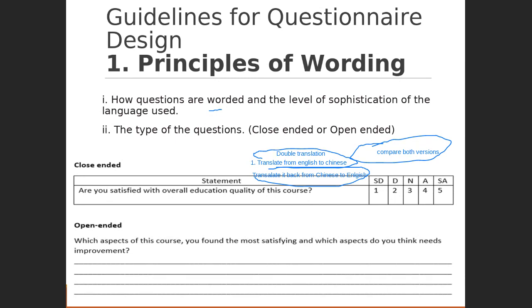So this is the double translation method, especially when you are administering your questionnaire to the Chinese population. Okay. Secondly, you need to pay attention to the type of questions which you will ask. It is advisable that you include open-ended questions, because in a questionnaire you cannot expect to include all the aspects of a particular variable.